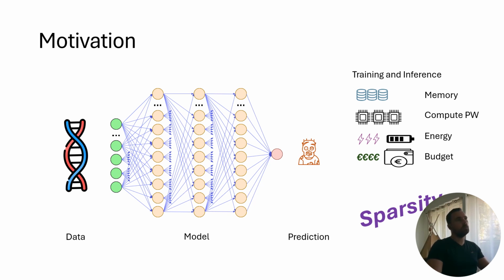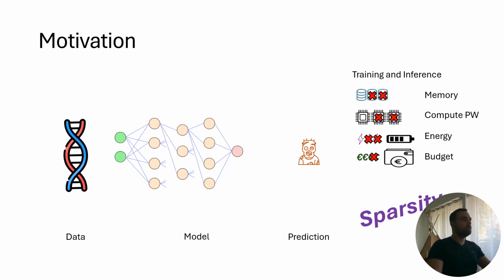For example, what we could want is to remove neurons that we think are useless to make our predictions. Here, all the red neurons, we think they're useless. So we are going to design an algorithm detecting them and removing them, such that we have a network which is way smaller, still able to make the prediction, but with less memory, computing power, and energy, and that costs less in the end.